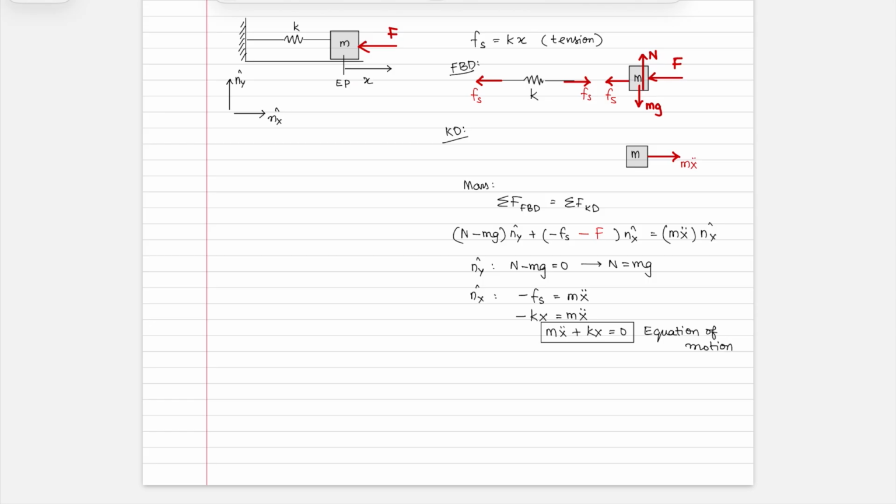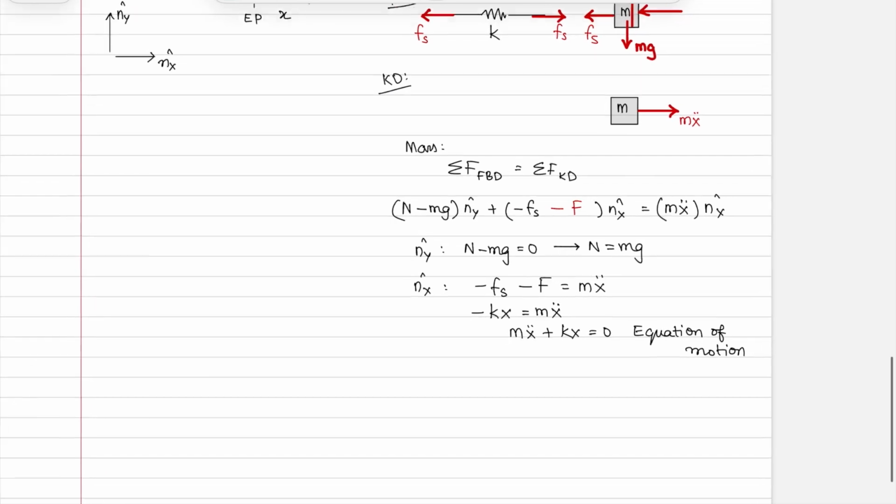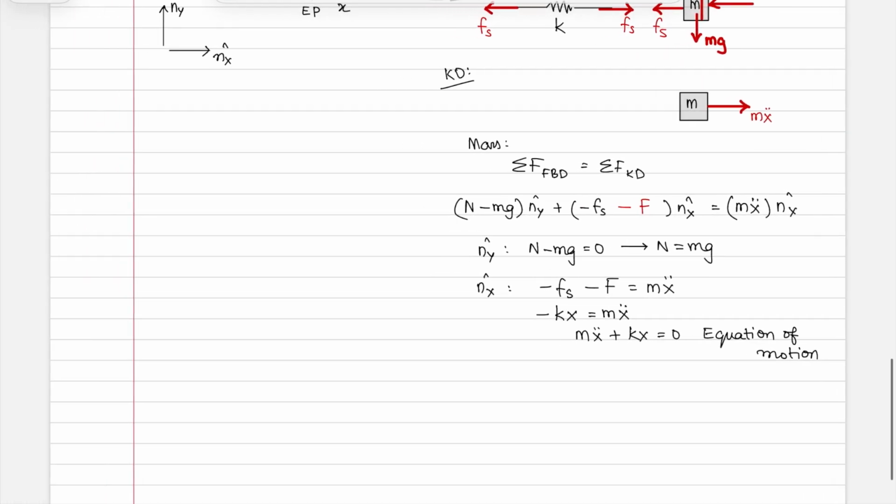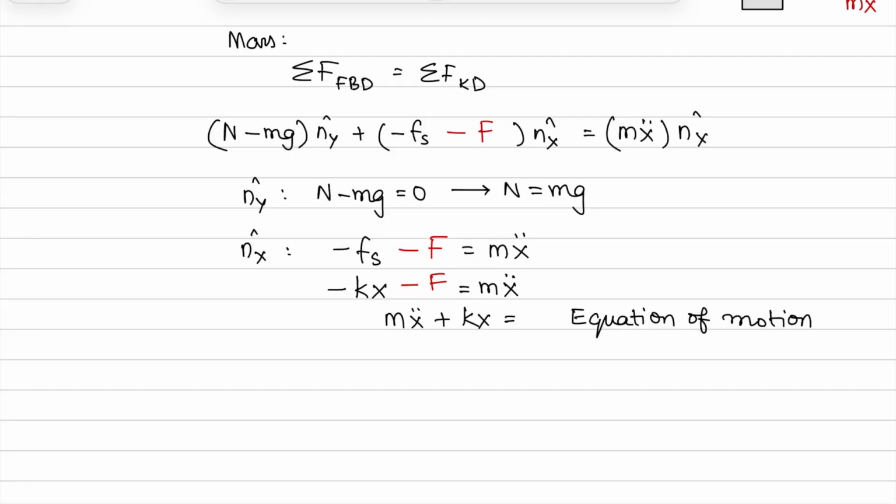Okay, so now your equation of motion is going to change because you will now have minus Fs minus F is equal to m x double dot. And when you replace Fs with kx, you then get this. And if I now rewrite this, I get this as my new equation of motion.